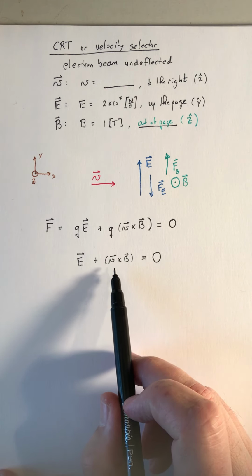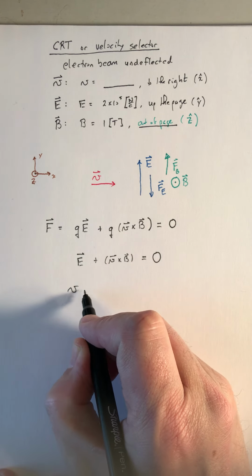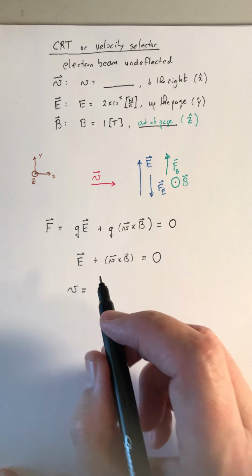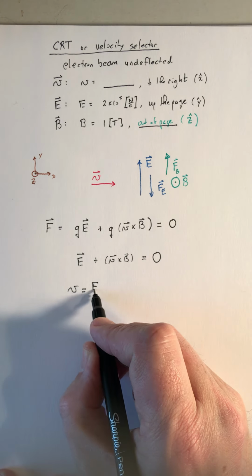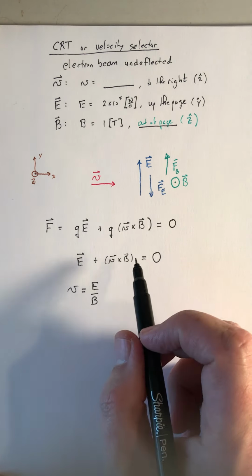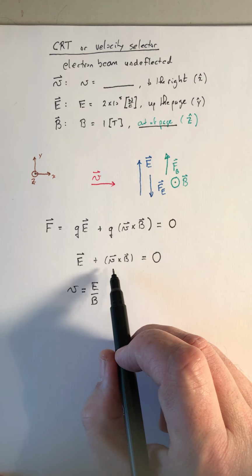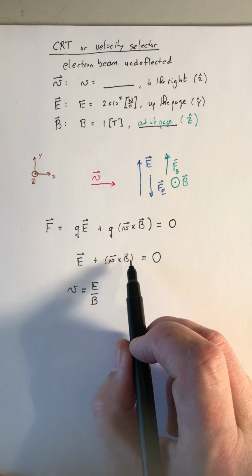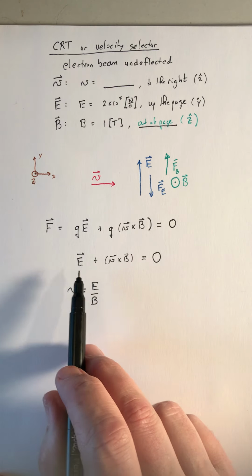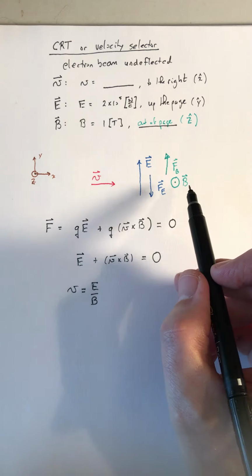So in terms of magnitude, if I have a speed that is E over B, then I will have the right magnitude of V cross B to cancel out the electric field in this equation.